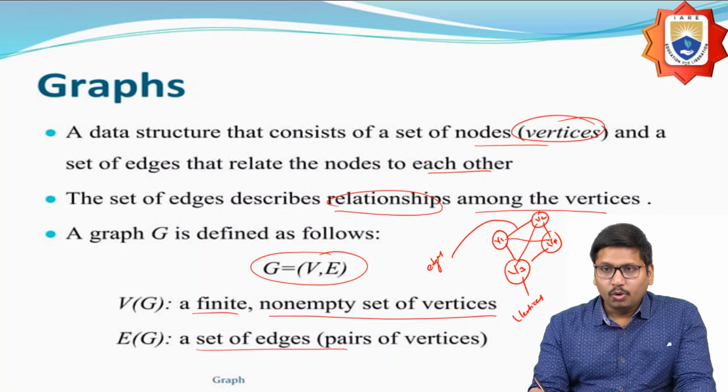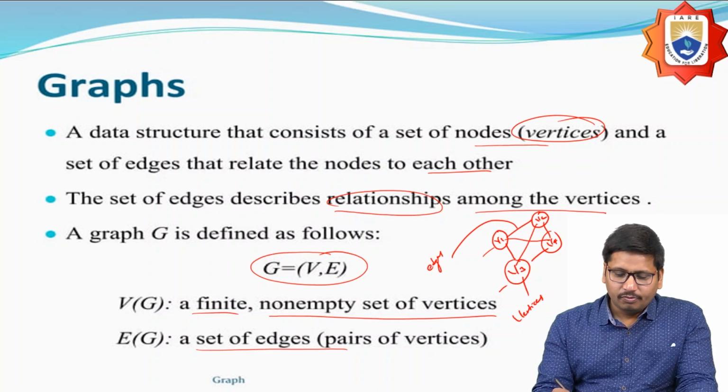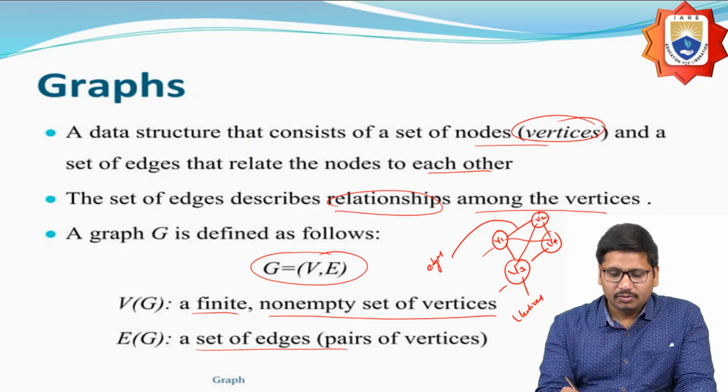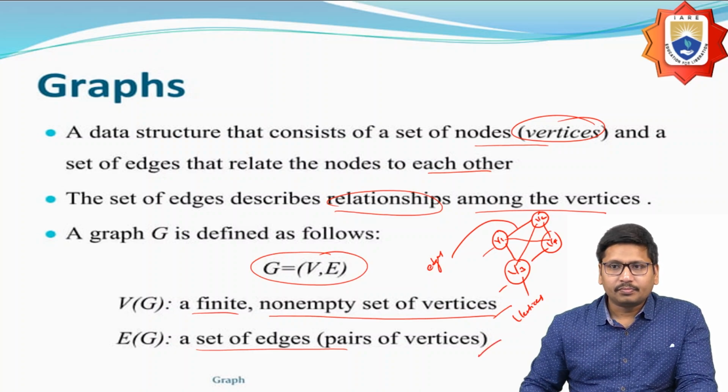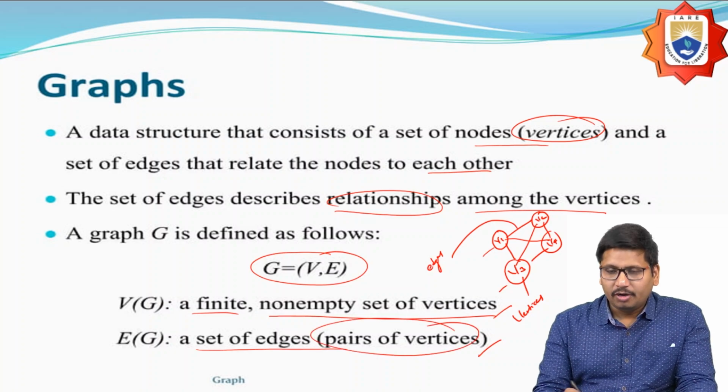The set of edges shows the relationship between the vertices, and finally the graph can be defined as (V, E), where V is a set of vertices and E is a set of edges, which is nothing but a pair of vertices.